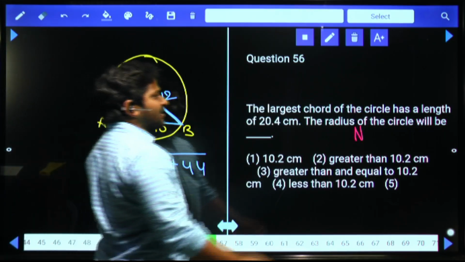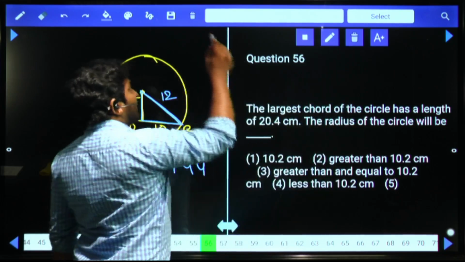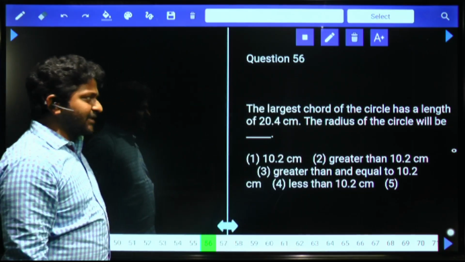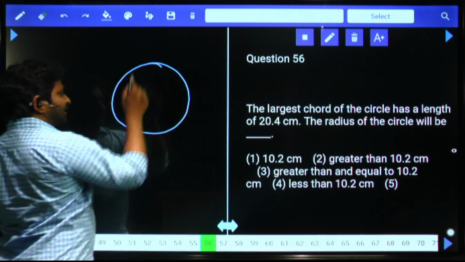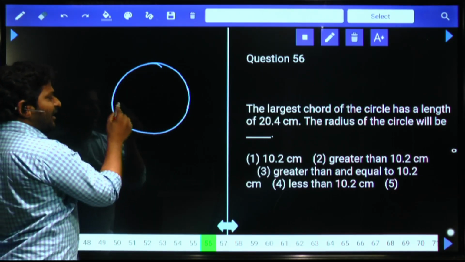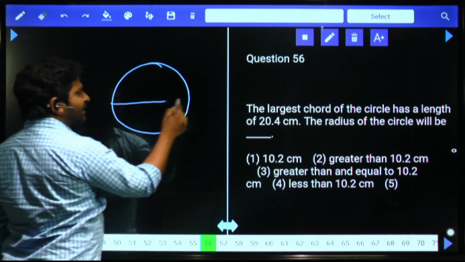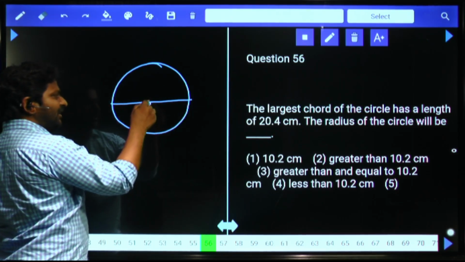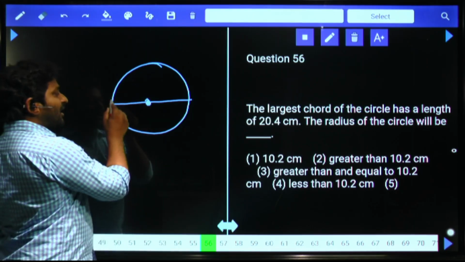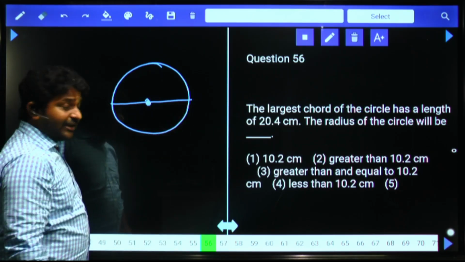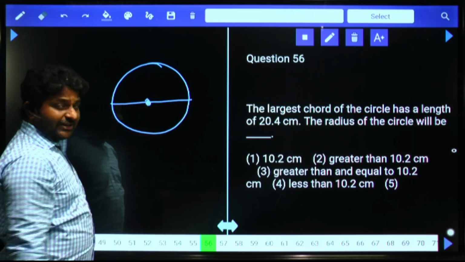The largest chord of the circle has a length of 20.4 centimeters. Find the radius of the circle. Now in a circle, the largest chord will be passing through the center. This is the main point. The largest chord will definitely pass through the center only.